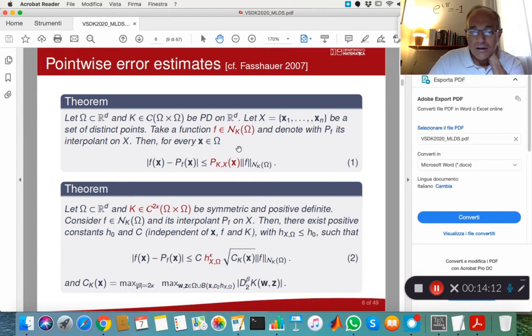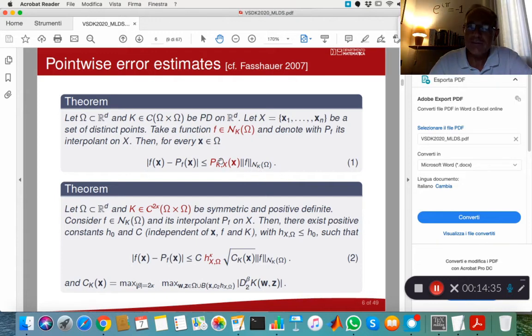Okay. These 2 theorems essentially are the pointwise error estimate. The first one says that the pointwise error estimate is bounded by the value of the power function times the norm of your function in the native space.